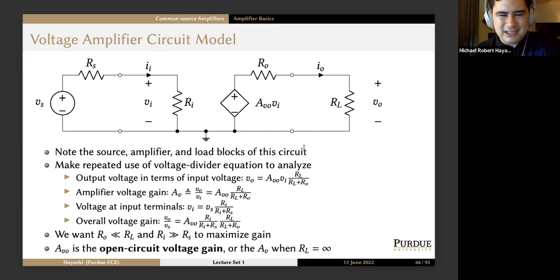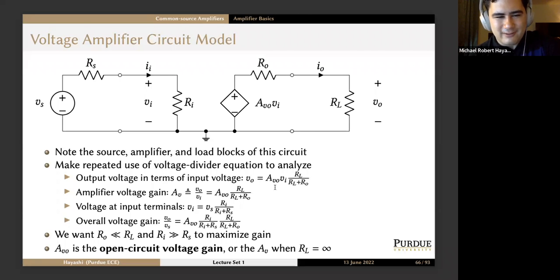So basically, you can analyze this with voltage divider equations galore. So what is the output voltage in terms of the input voltage? Well, VO is just whatever the voltage of this source is, AVO times VI, times the lower resistance RL over the sum of the two resistances RO plus RL.